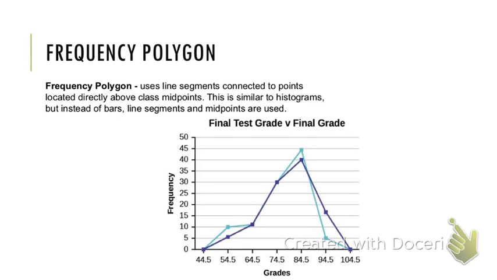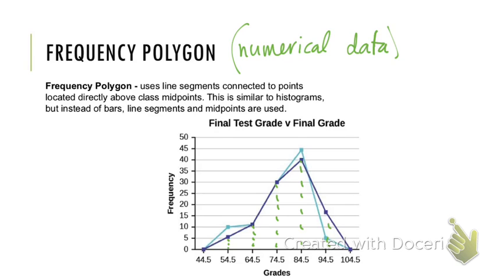The next one is a frequency polygon, which is kind of weird. This is for numerical data. To read this, imagine that it were just a dot plot going up to all of these points.